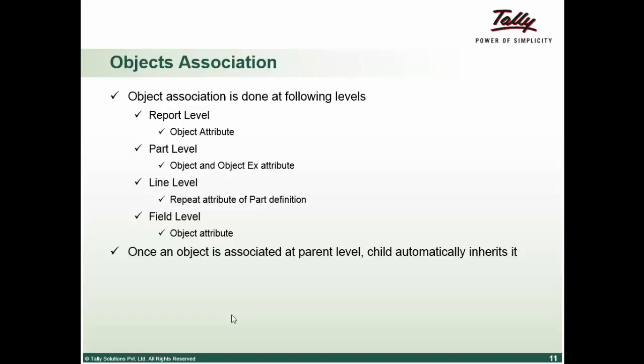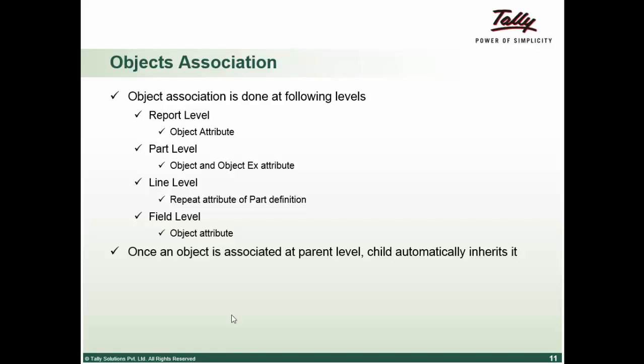We would be doing multiple codes on this to understand when to use what. So please remember, report level object association, an object can be associated. Part level object association, part inherits the object from the report or its parent part or its parent line by default. We'll come to why we are speaking about line at the part level.